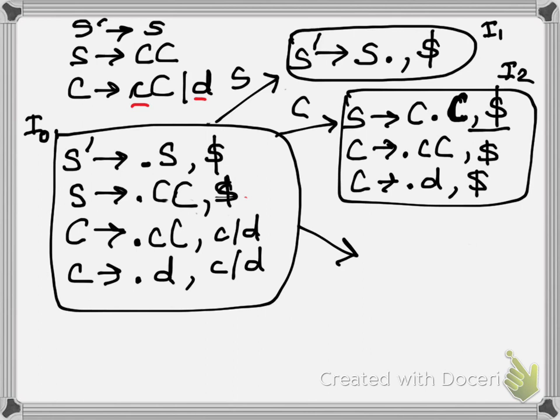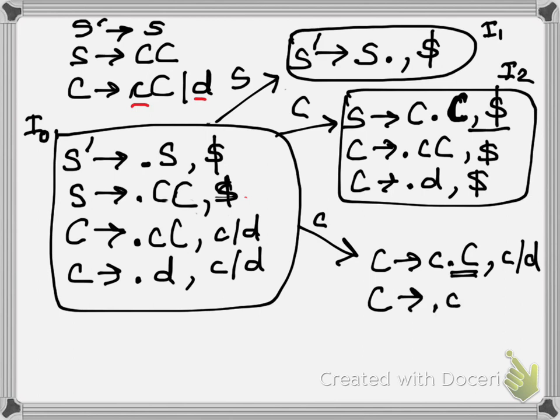Then here, goto on the terminal symbol small c would be C derives small c dot capital C, and look ahead is C and D. So again here I have to expand because there is a dot before a variable, so I have to put it in the closure. So C derives dot C capital C, C derives dot D. Now let us look at what would be the look ahead here.